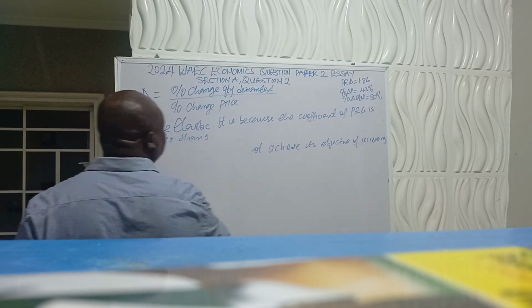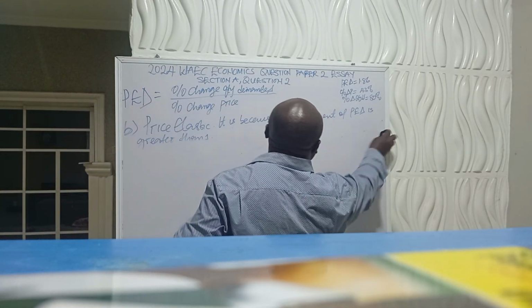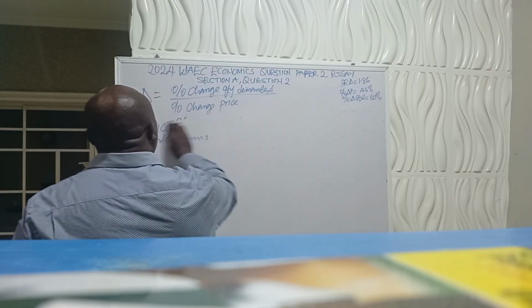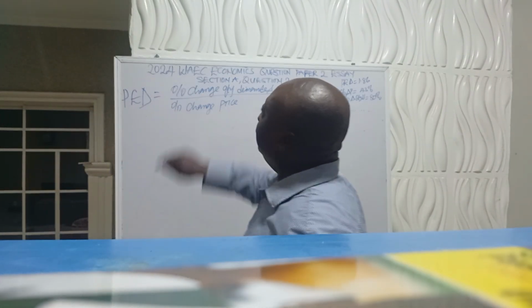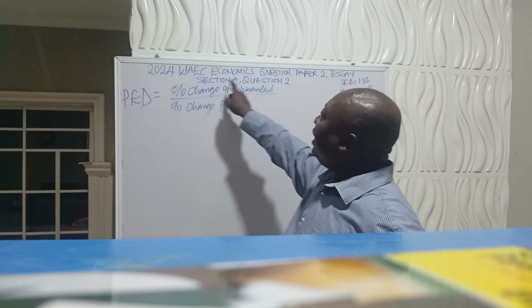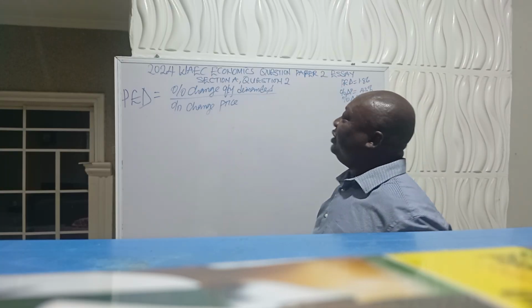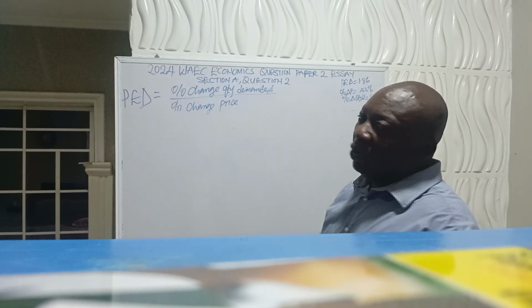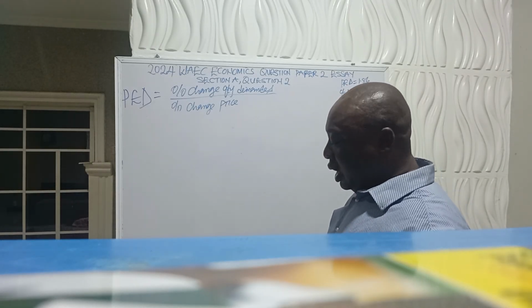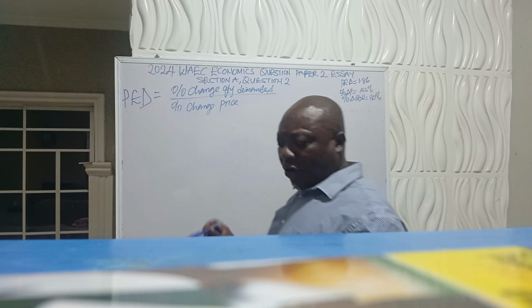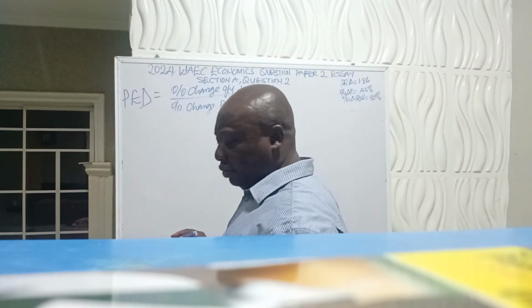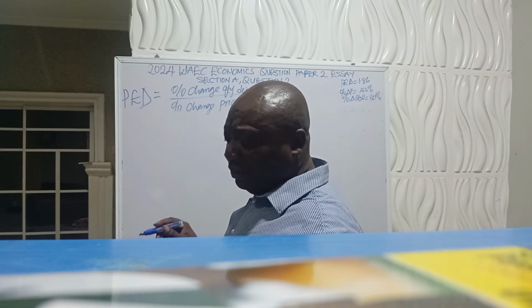Question D. Okay, hope you are writing down the question. Even if you are not writing it down, you can go to the 2024 WAEC Economics question paper 2, essay, Section A, question 2, and you will see the question. However, I can still write it down. Question D again.